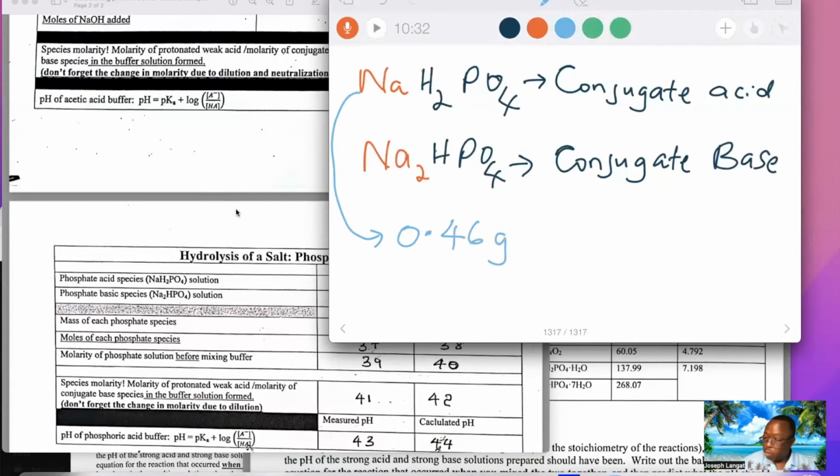Record exactly what you measured out. And this one you had to mass out, by the way, the molar mass of this.